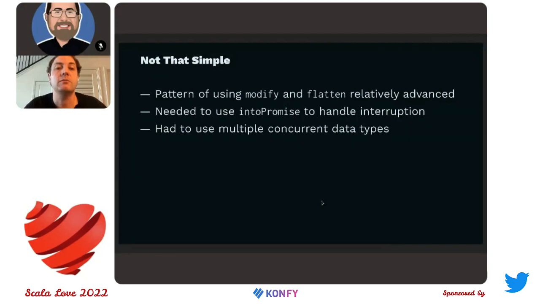And also we had to just use multiple concurrent data types, even for this problem that was pretty simple, that I think is probably like the lower bound of a problem I could present in a talk like this that you wouldn't just kind of say was trivial. I had to use both a ref and a promise. And that's almost always going to be the case, because essentially anytime I have some kind of state that changes, I need a ref. And anytime I want to be able to wait for some condition to occur, I need a promise.